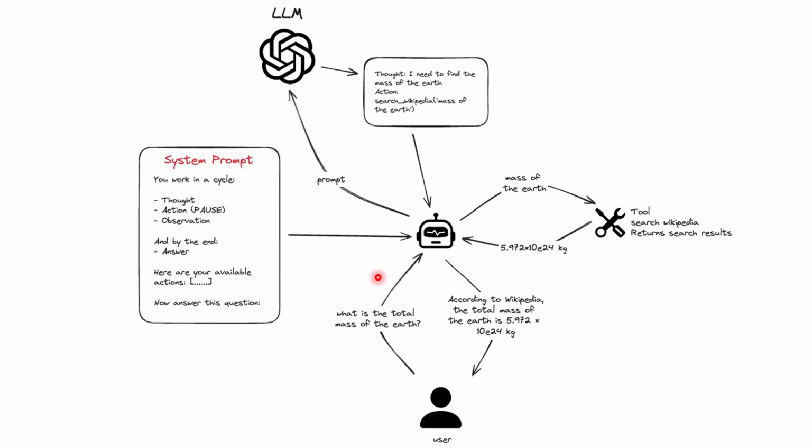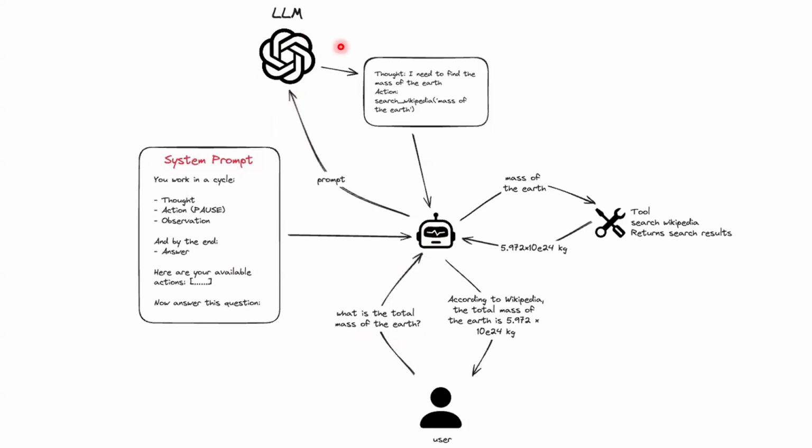Let me explain how it will work again with this more detailed diagram. We will have this system prompt, and the user asks, what is the total mass of Earth? This time it is only asking one question, the total mass of Earth. So we have this system prompt and this user question. The agent will say, okay, now I have to go to the large language model with this prompt.